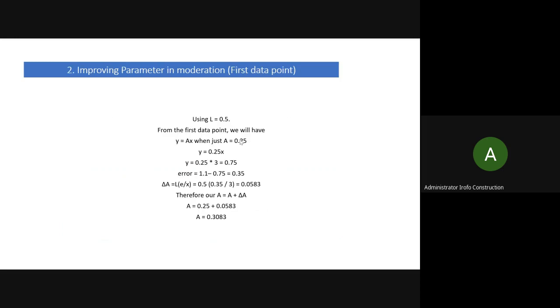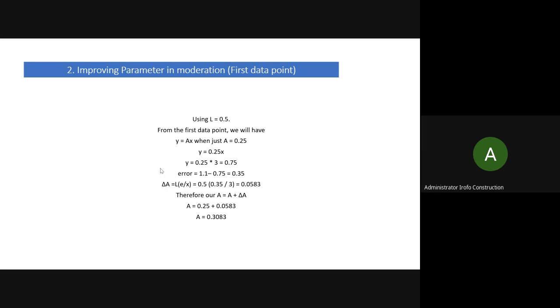So when you take our first example, like what we did previously, initially the value was 0.25. We do it and we get an error. And here, instead of just doing our error divided by x, we've added an L to it. The L helps us not to take the whole of this E over x, but just some of it. So we multiply by 0.5, and this 0.5 is our learning rate.